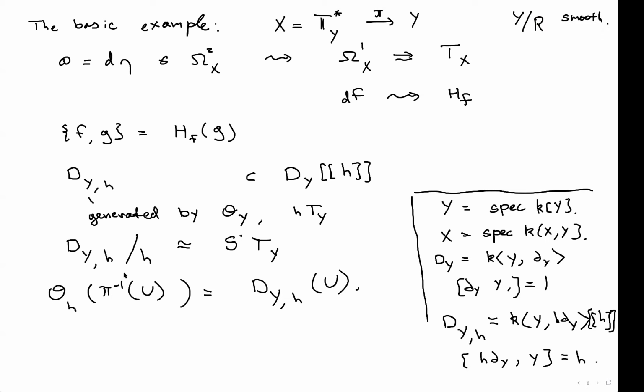But in fact, if you want to localize it over the cotangent bundle, then you really need the power series in h. So when you say generated by Y and hD_Y, you mean also the h completion? Symbols, right? So it has two generators, Y and this symbol hD_Y, subject to this relation.